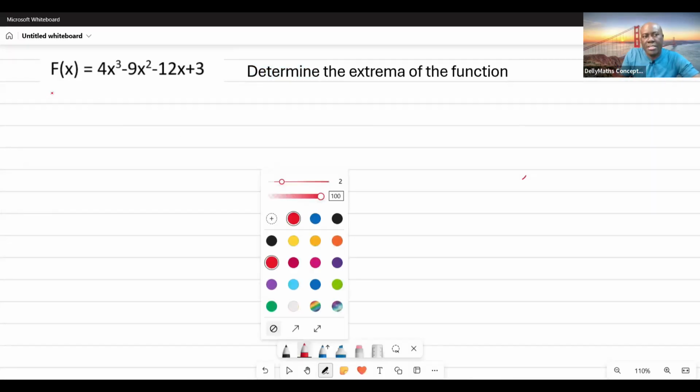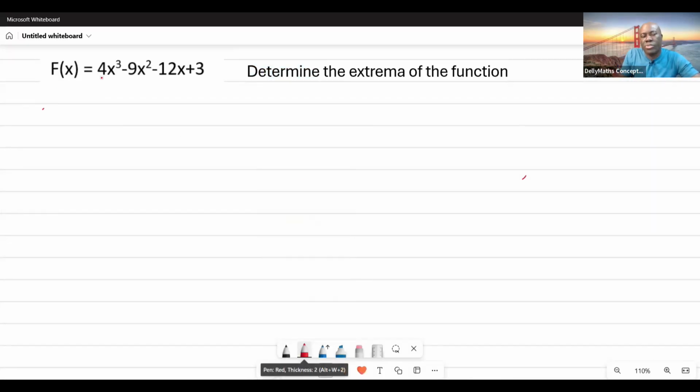All right. It says f of x is equal to 4x to the third minus 9x squared minus 12x plus 3. So step one, we're going to find the derivative of this, or what we'll call f prime of x. We're going to be using the power rule. We take the power, in this case the 3, and it comes down to multiply by the 4, and then we reduce that power by 1.